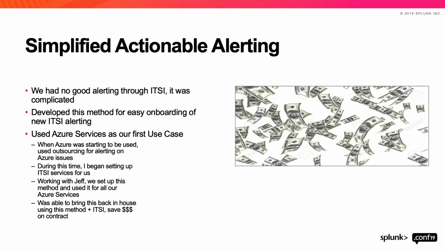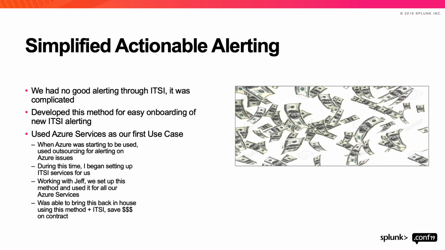One of the things I saw as an opportunity here when we were creating this is we had been moving towards Azure, right? And we didn't have all our alerting in-house at that point. We had a third-party consulting contract, and they were doing the monitoring and letting us know when things went down. I saw this as a prime opportunity to, A, show this method worked, and B, be able to bring something in-house.